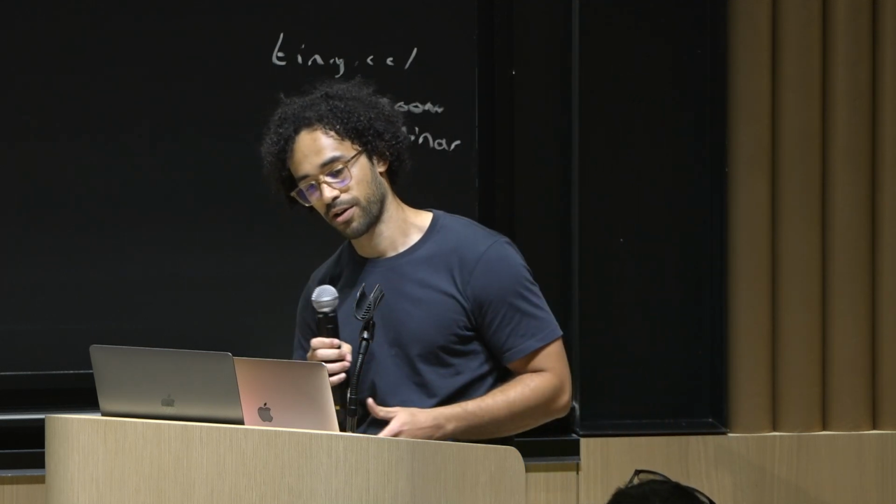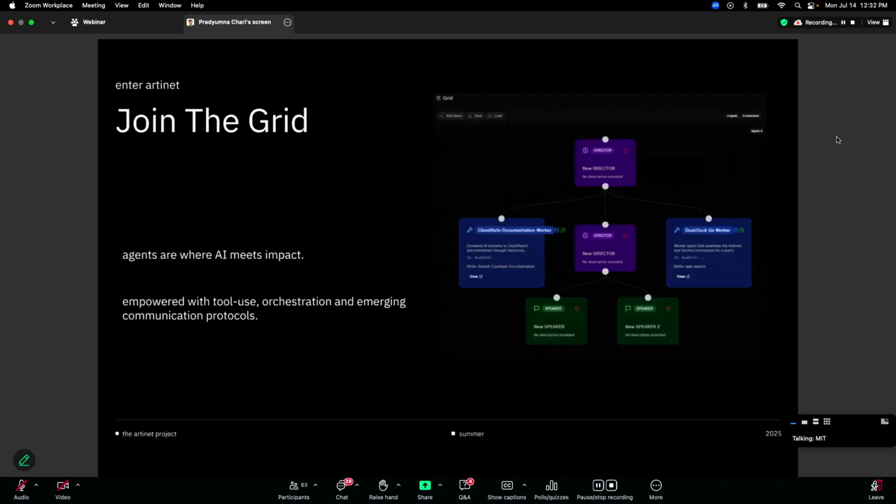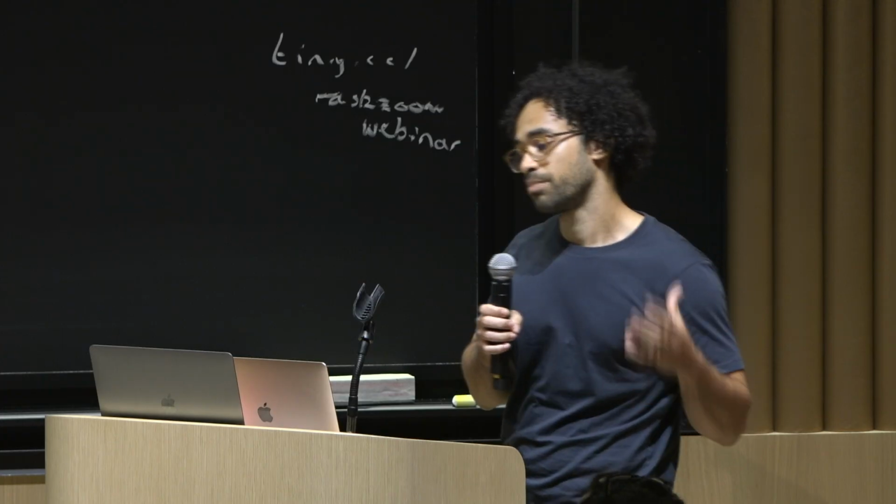And we actually have a new feature that we just released as well that we're calling the grid, which is essentially taking agents that people are already deploying on the ArtNet platform, and being able to put them into what we're calling the grid, and create these orchestration workflows.